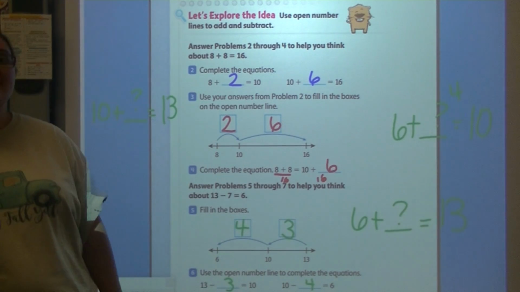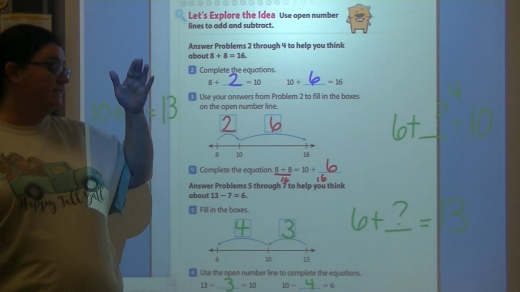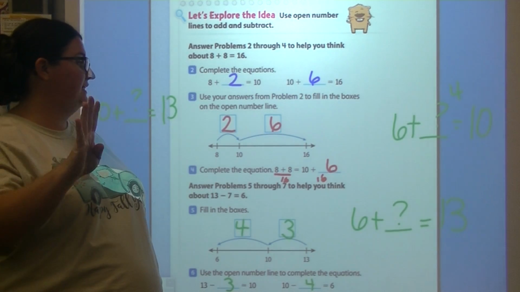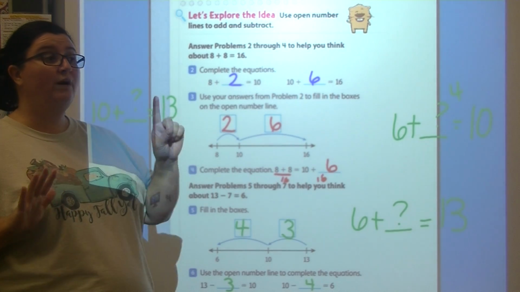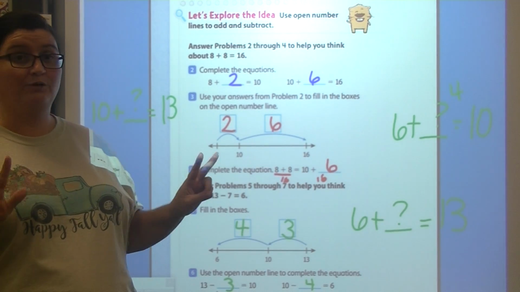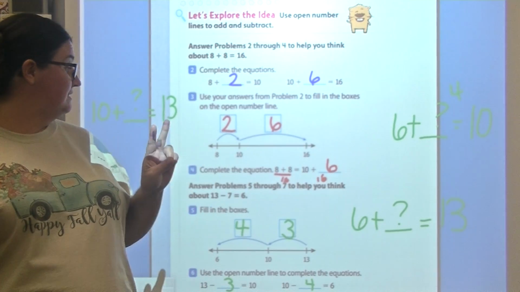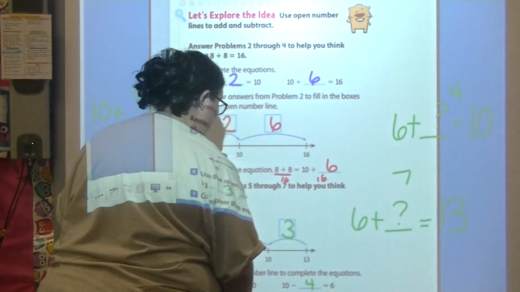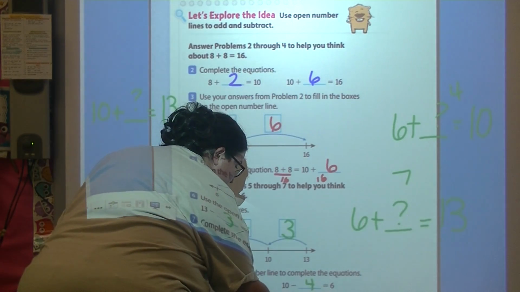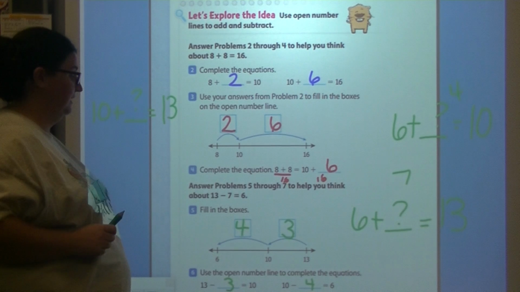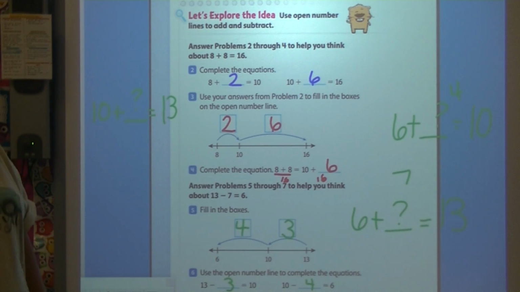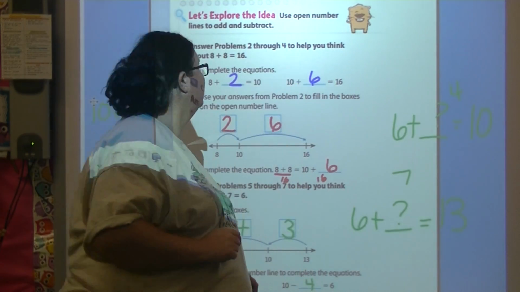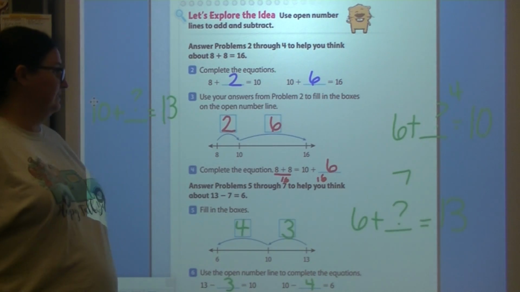All right, start with 6 and count on. 6, 7, 8, 9, 10, 11, 12, 13. What's your answer? 7. So, 13 minus 7 is equal to 6.